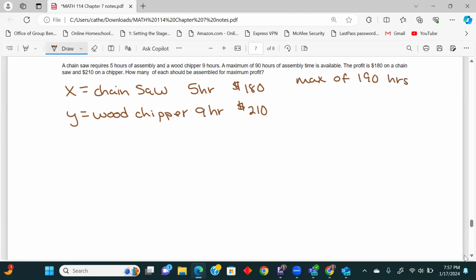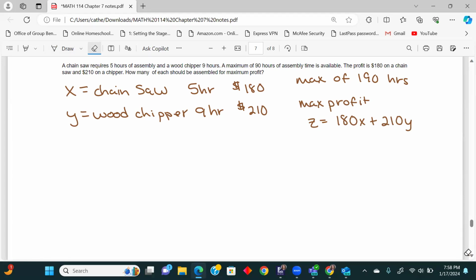They want to maximize the profit. So the profit equation, Z would be the profit. So it would be 180X plus 210Y, because it's $180 for each chainsaw and $210 for each wood chipper.